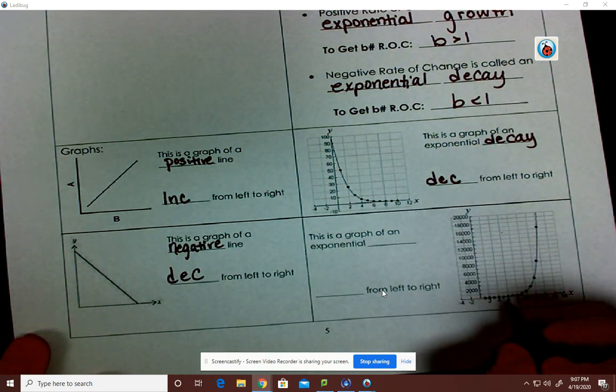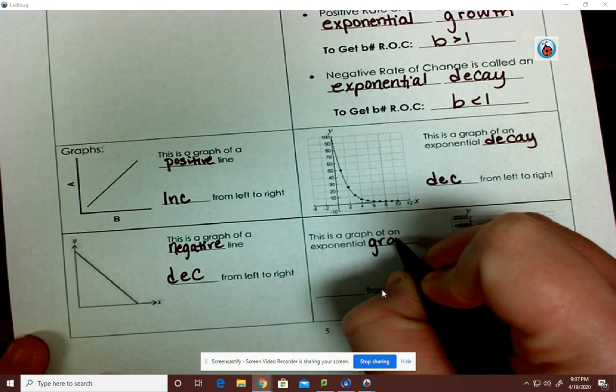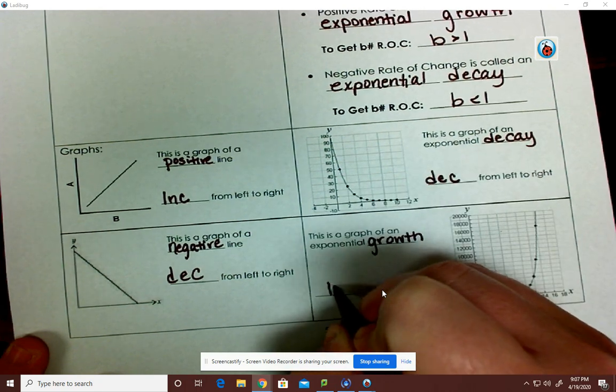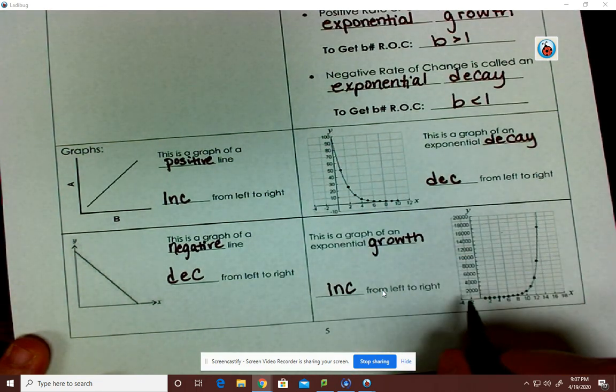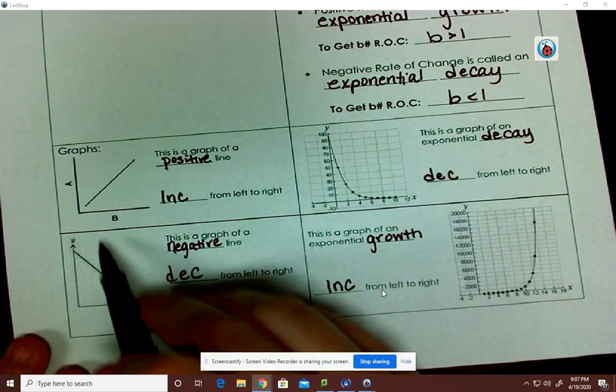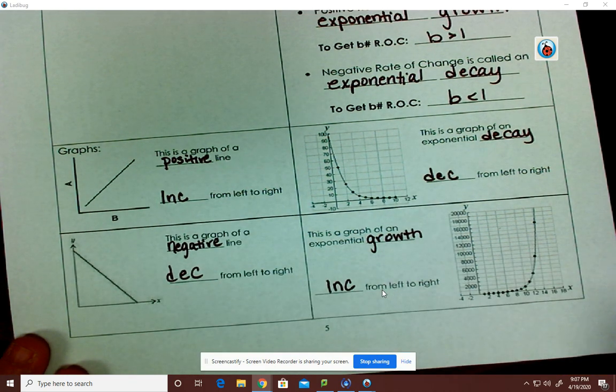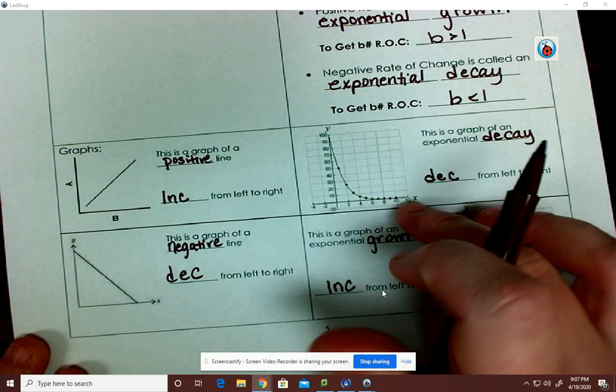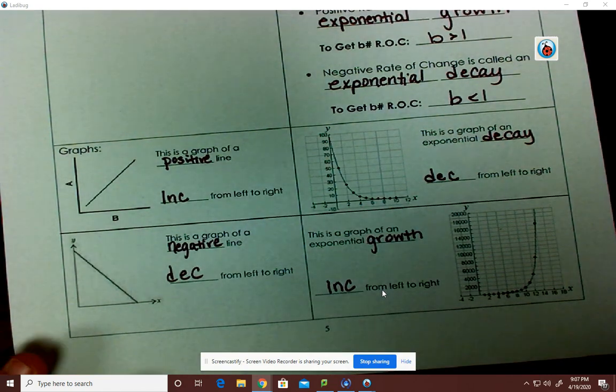And this one would be exponential growth because it's increasing from left to right. This one is exponential decay, because it's decreasing from left to right. Here we have growing and decreasing with lines, but we can see the difference in their types of graphs.